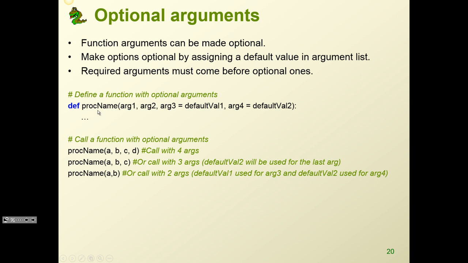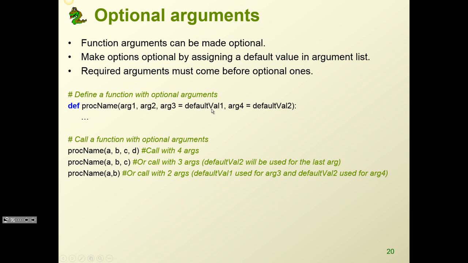So in order to make a function that has optional arguments, the format looks like this. Still def, still the name of the function, still any required arguments have to come first. But after that, you can have optional arguments that have an equal sign with the value that's the default value.